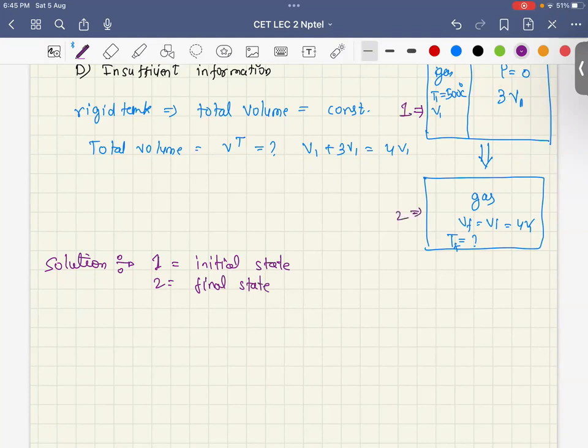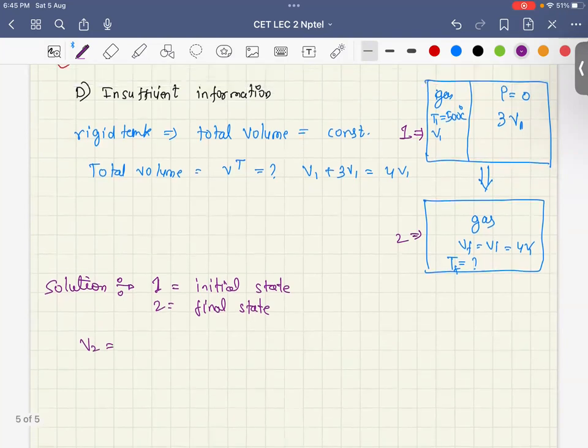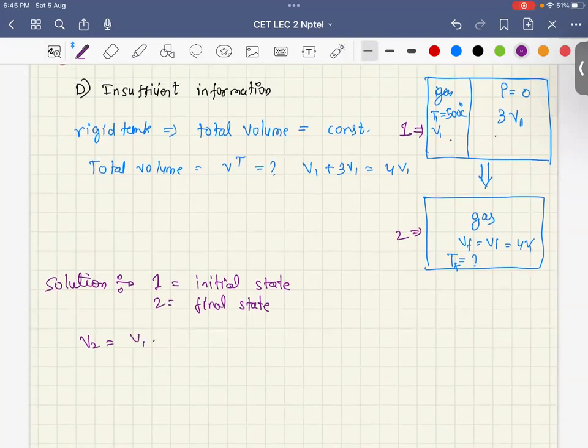This is 2, this is 1. What we have is V2, the final volume, which is nothing but this volume plus this volume, V1 plus 3V1. Which implies V2 is going to be 4V1. And as the system is a closed system, the mass of the system is going to remain the same, that means M1 is equal to M2.